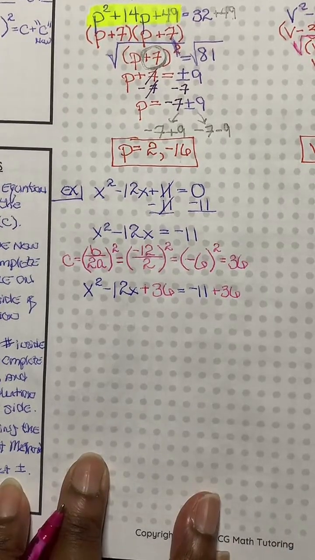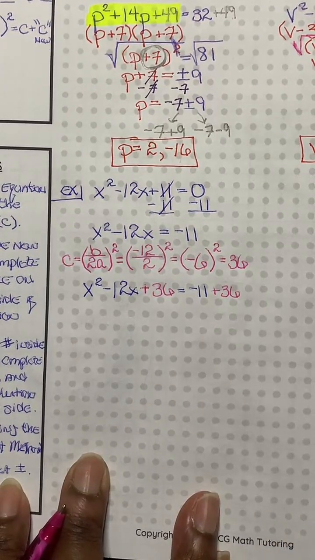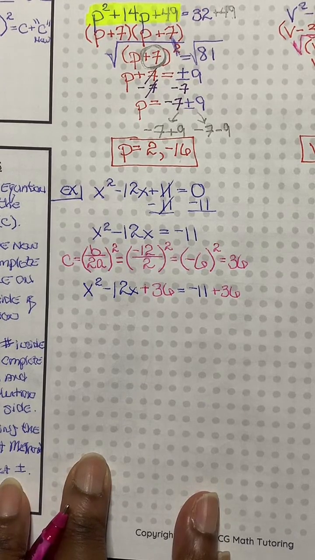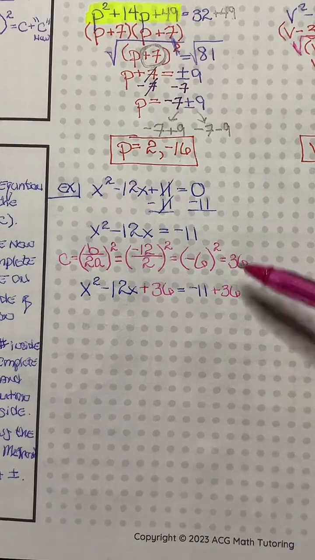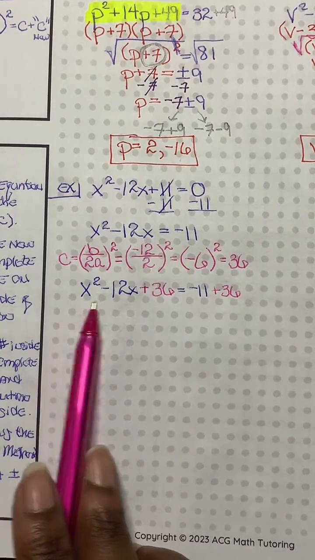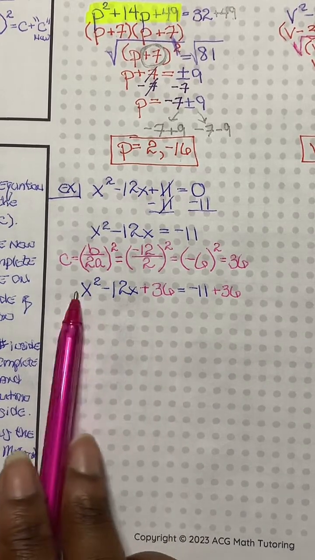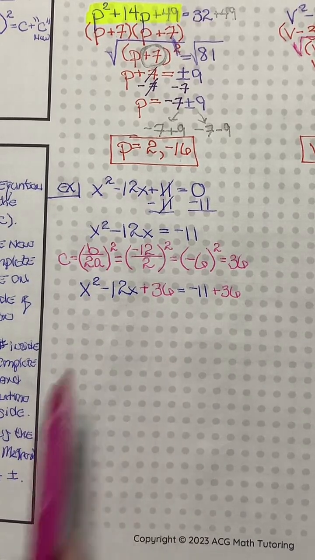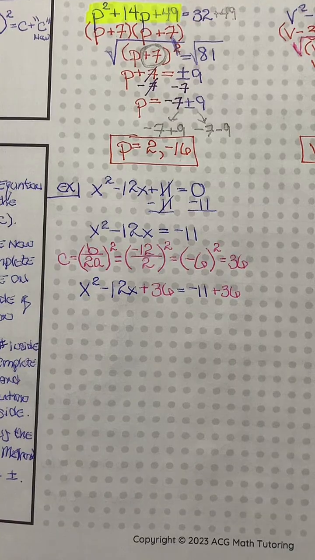Okay. So hopefully the color changes are helping a little bit, so you can see where things are coming from. The 36 is the c value that we just found. So we can make this left-hand side into a perfect square trinomial.